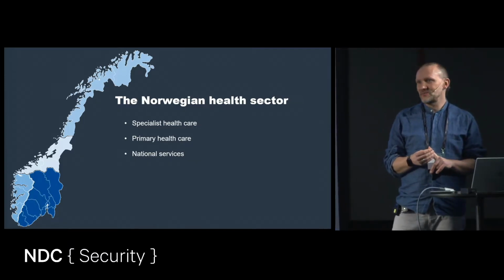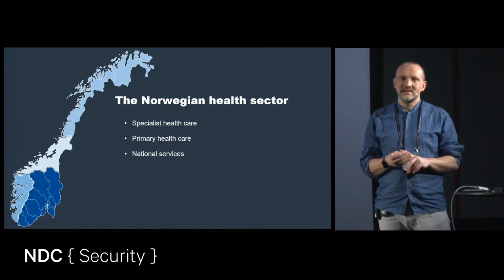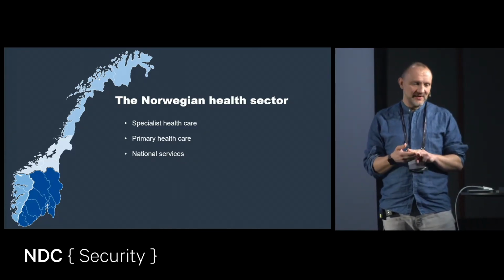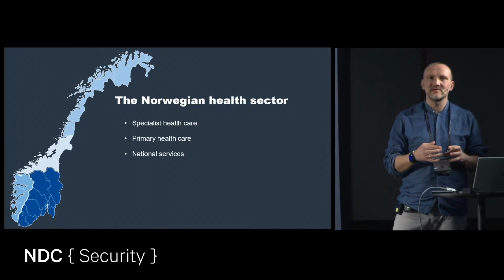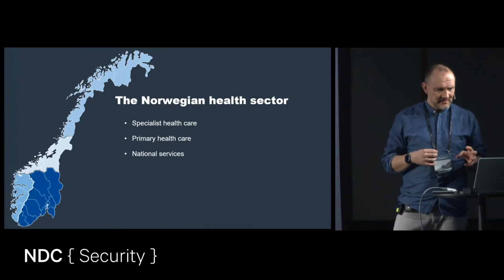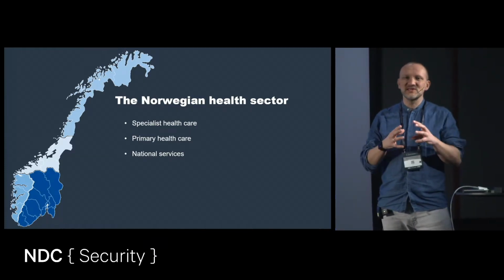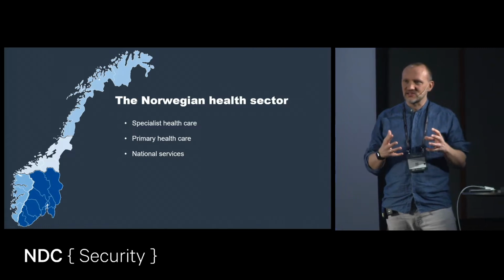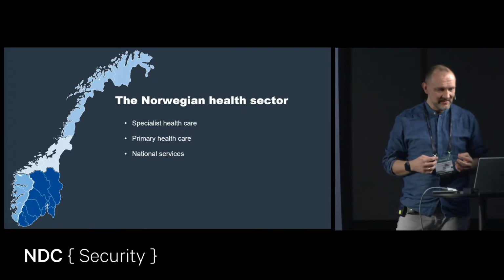But in addition, we have the Public Health Institute, FHI, the Directorate of Health, Helsedirektoratet, and several other large organizations that offer common services. So you see that the ecosystem is quite complex. Lots of organizations, lots of people having an opinion.